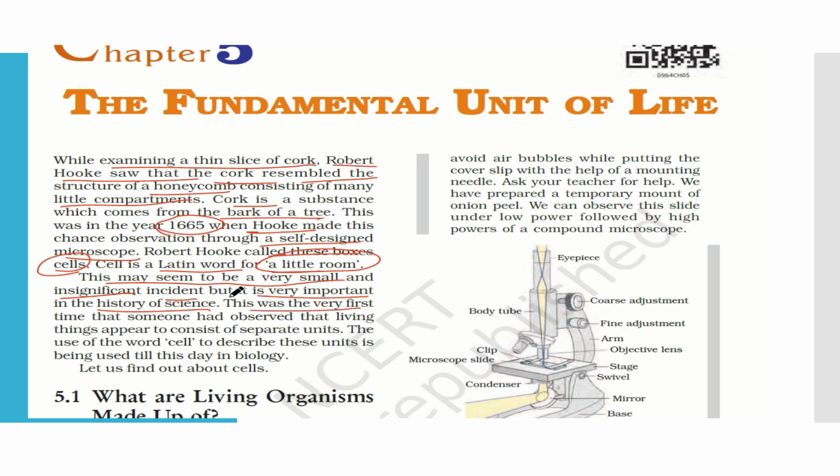This was the very first time that someone had observed that living things appear to consist of separate units. The use of the word cell to describe these units is still used today in biology.